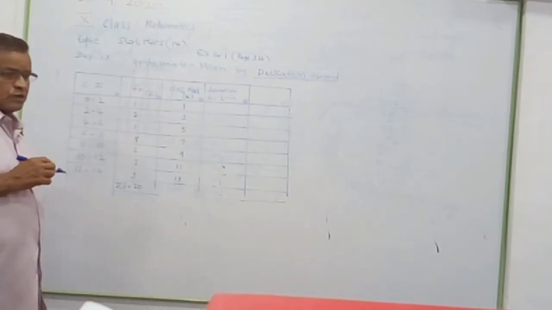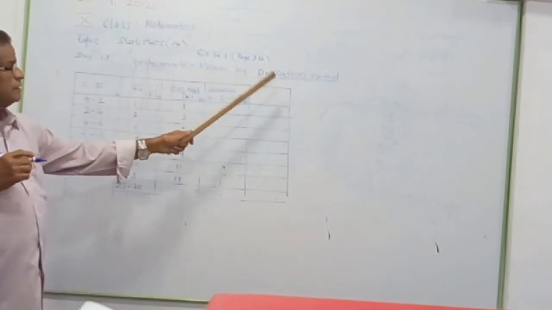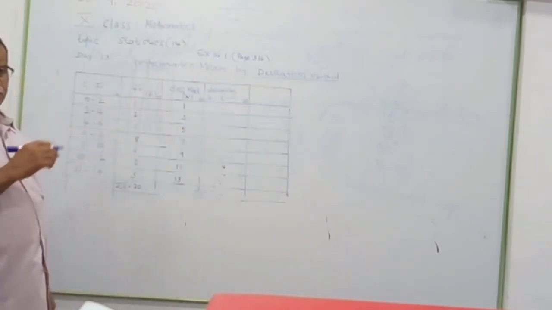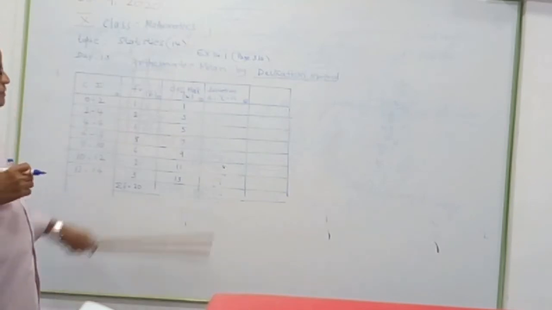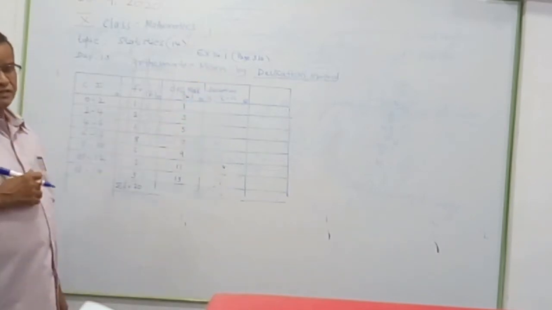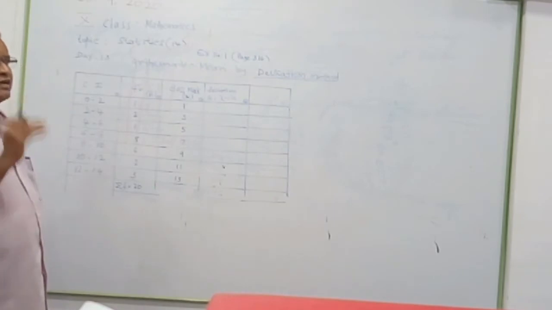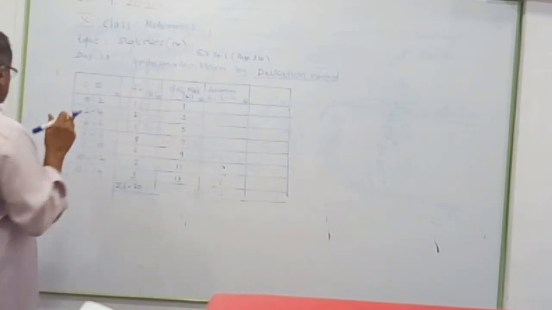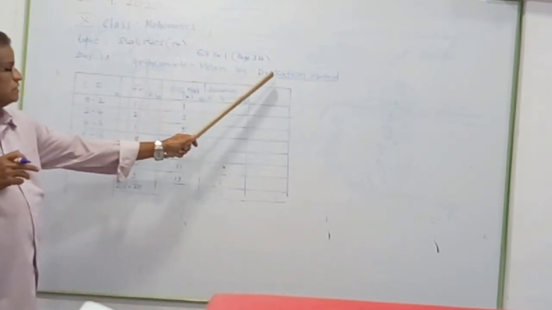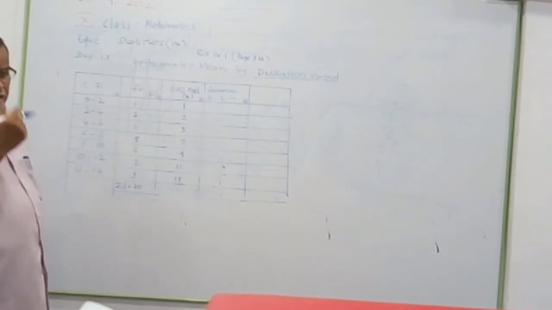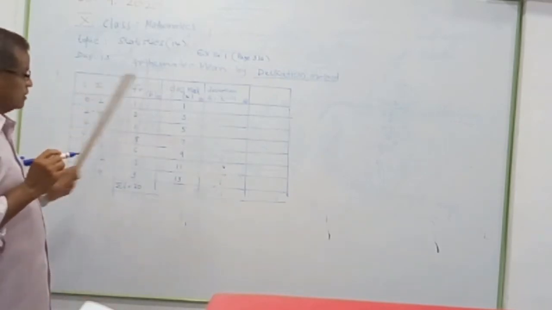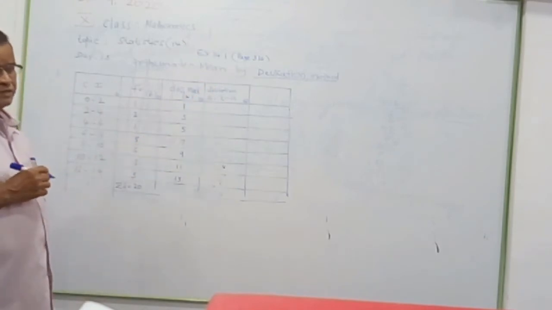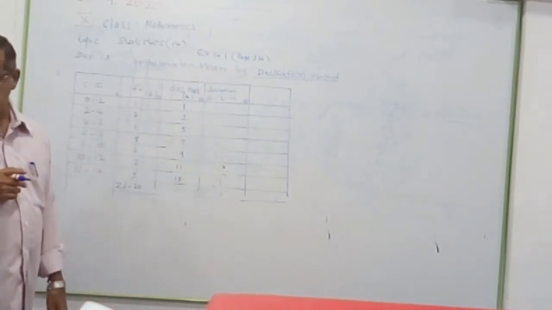So in the question paper, he will ask to find arithmetic mean by direct method, deviation method, and the third method is step deviation method. Specifically he will ask, and we have to solve using that method only. Direct method means to do direct method only. There are 4 columns for direct method.